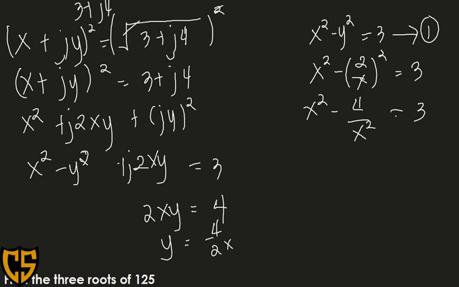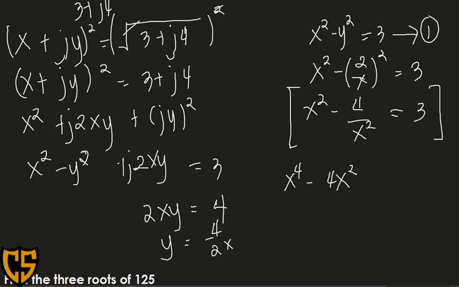Okay, so we multiply x squared on both sides of the equation to remove the denominator. So we have x to the fourth minus 4x squared.